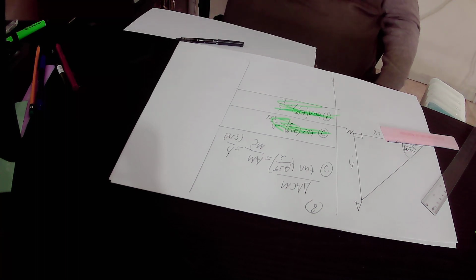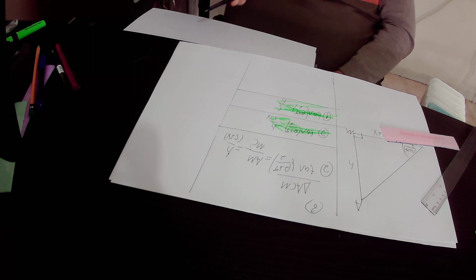In the next step, we create equation number 3, that is the combination of equation number 1 with equation number 2.